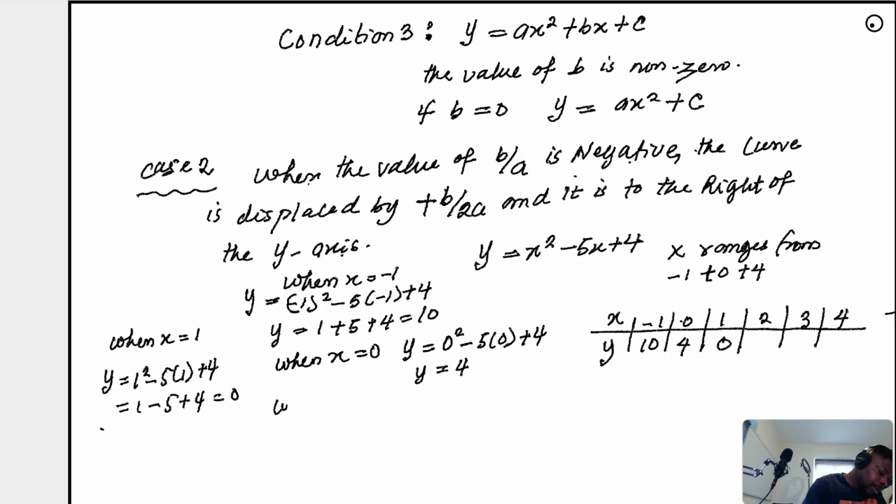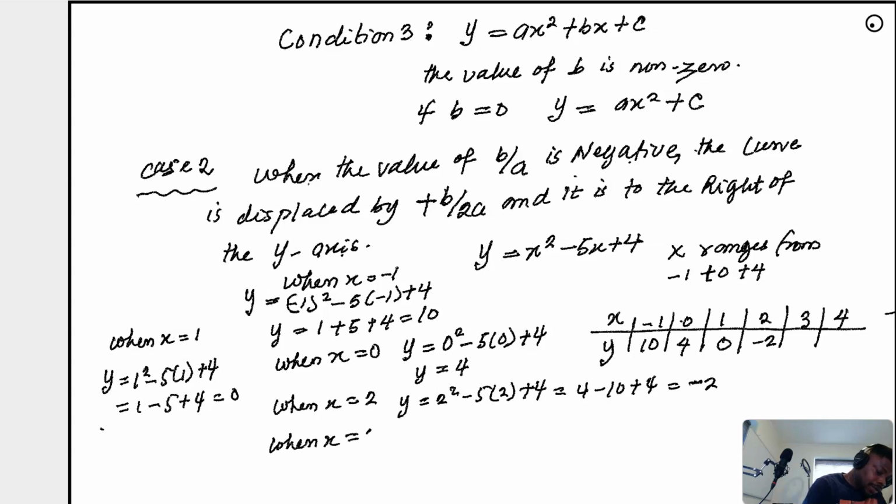Then when x is equal to 2, this is 2 squared minus 5 times 2 plus 4, and that will be 4 minus 10 plus 4. That's minus 2. Then when x is equal to 3, this is 3 squared minus 5 times 3 plus 4. This is 9 minus 15 plus 4. This is minus 2.